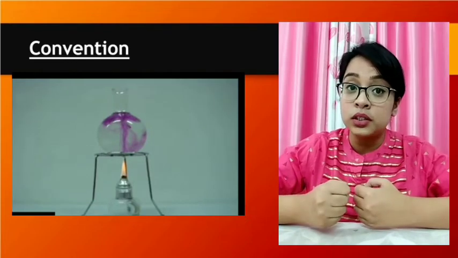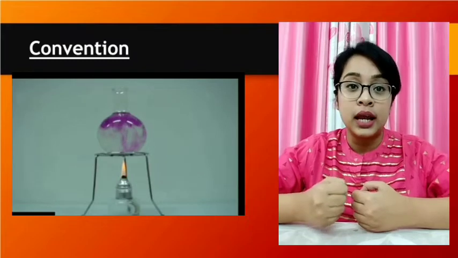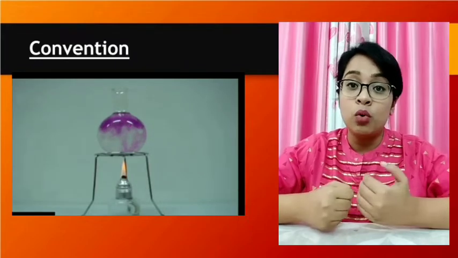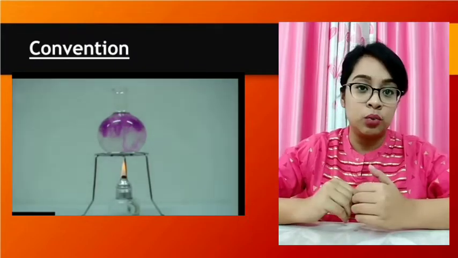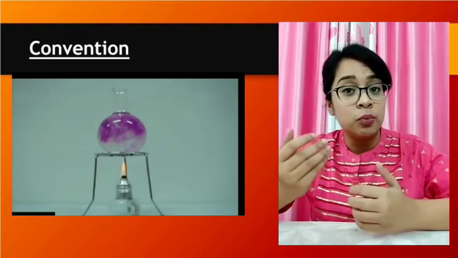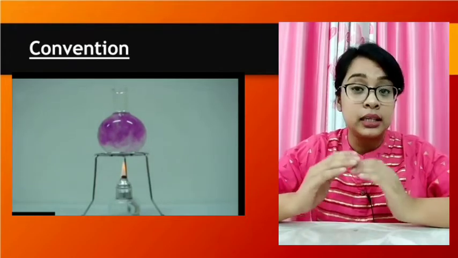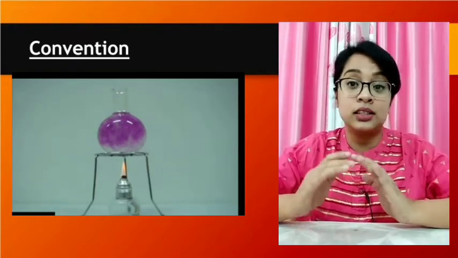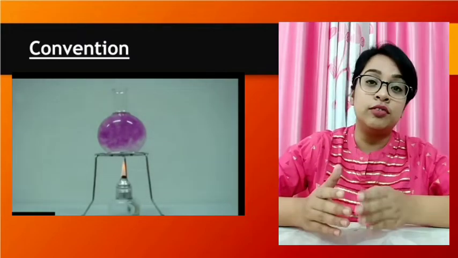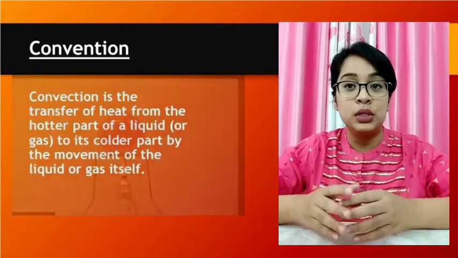This cold water then gets heated by the burner and also rises up, carrying its heat upward, and more cold water sinks downward. This process of hot water rising upward and cold water sinking downward goes on again and again. This results in the formation of a convection current, and this makes the water in the beaker hot.